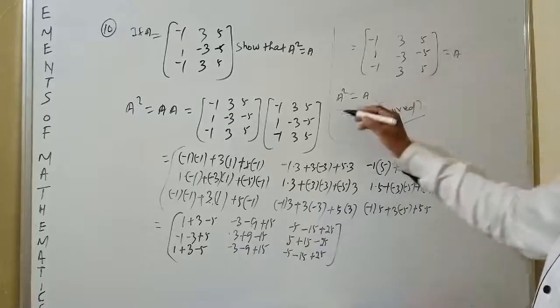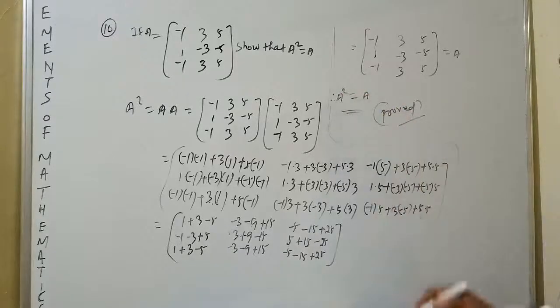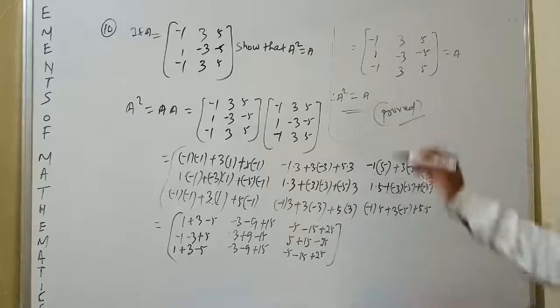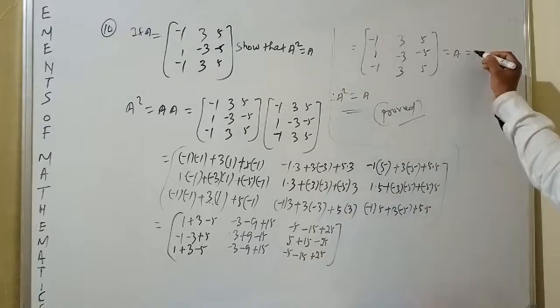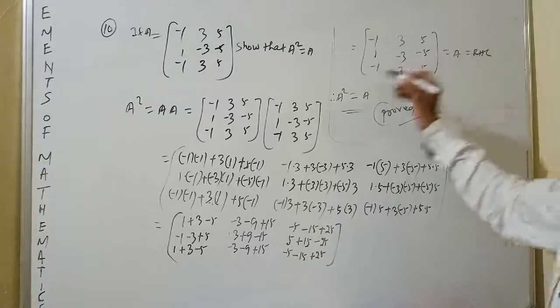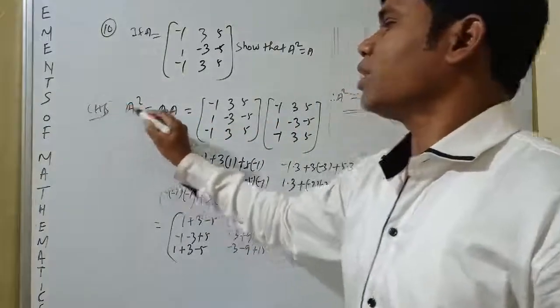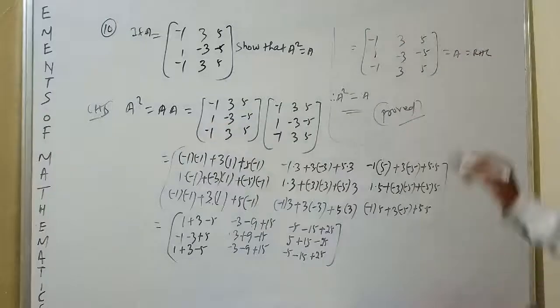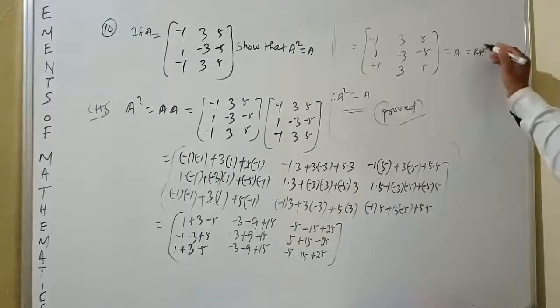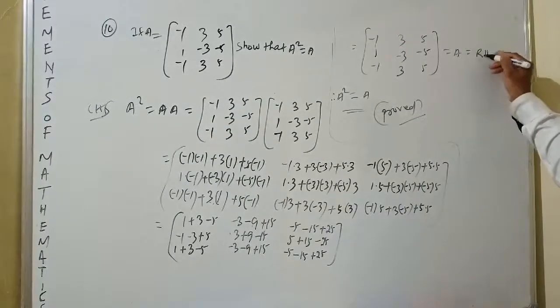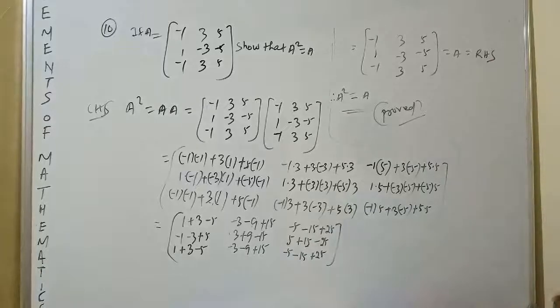So therefore A square is equal to A. It is proved. LHS is equal to RHS. If you say this is your LHS, you can get RHS. Okay.